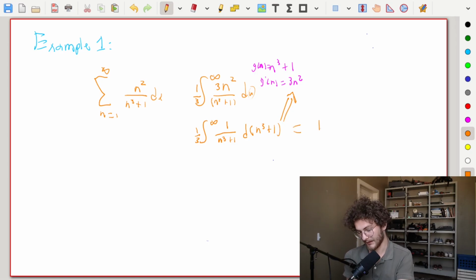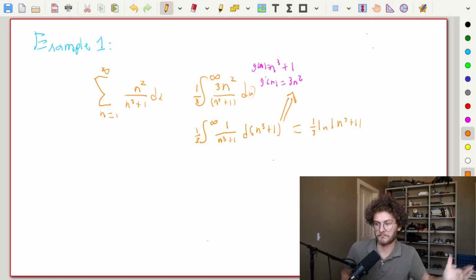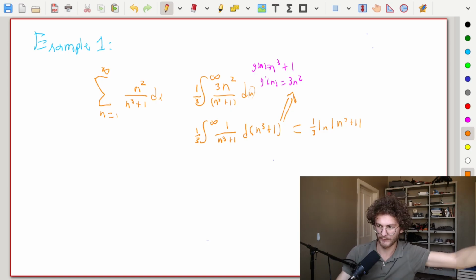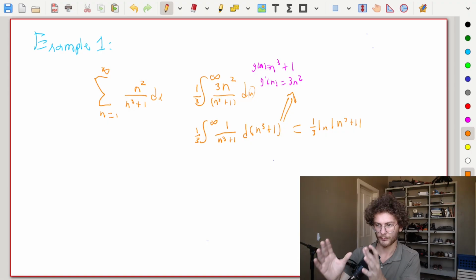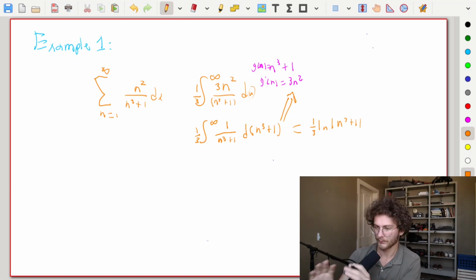It equals ln of n cubed plus 1. You want to make sure you use absolute value symbols there. And remember, it's 1/3 of that. Voila. You could do this with u sub, by the way. You could 100% say let u equals n cubed plus 1 and let du equal 3n squared. But I just kind of like this way of doing it because it really is showing you all in one frame precisely what you're doing. And I think that's brilliant.